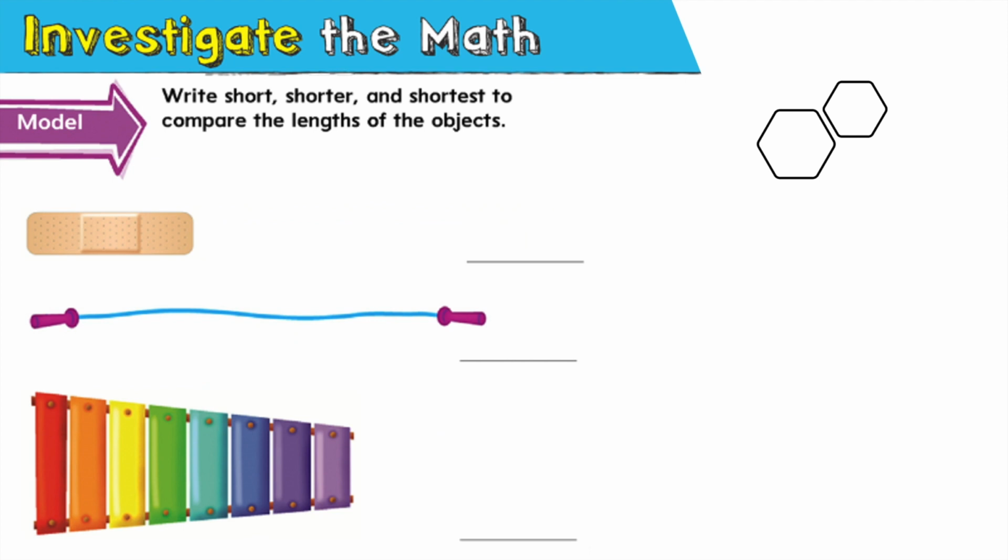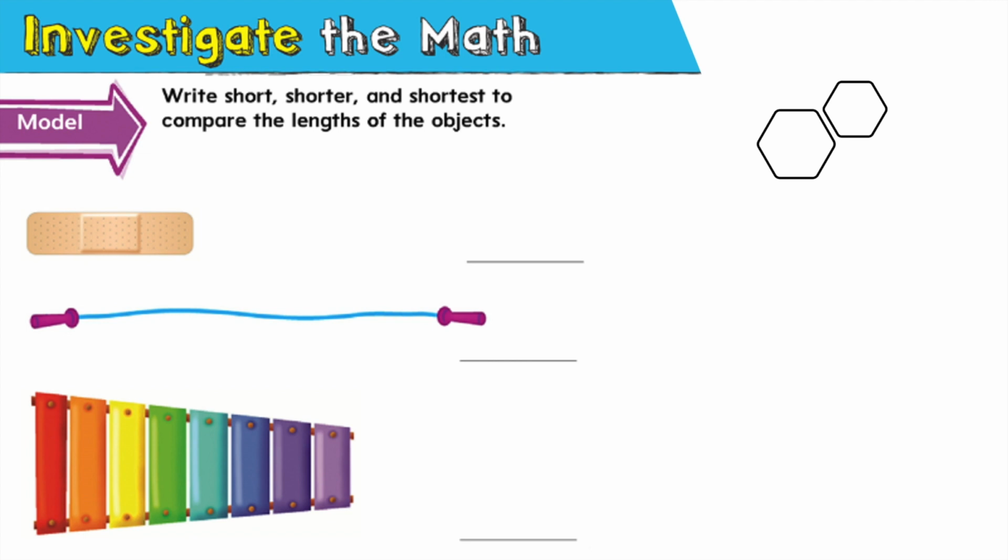Now we're going to use short, shorter, and shortest. Let's start with the shortest one. Which item is the shortest one? The Band-Aid, the jump rope, or the instrument? Now we're going to write short, shorter, and shortest to compare the lengths of the objects.